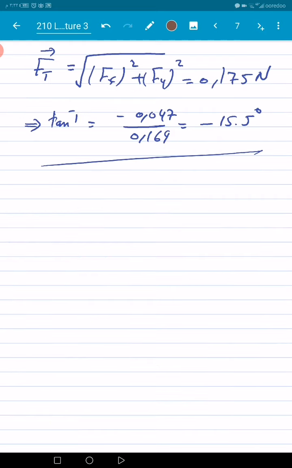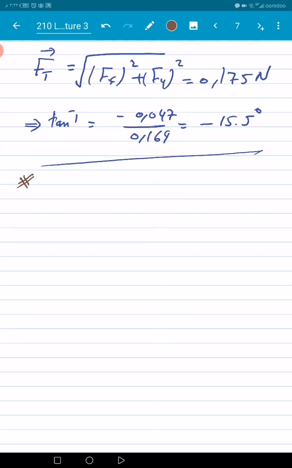Another example, just a quick one before I close the lecture. I give you one question, try to solve it, and we will discuss it next lecture as homework or as a quick review.